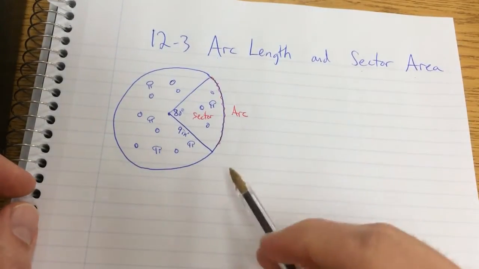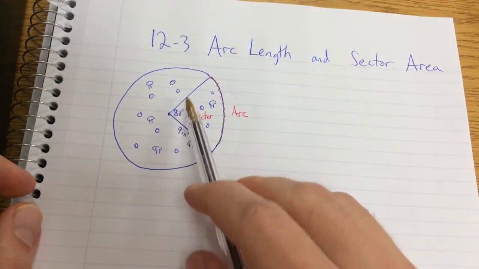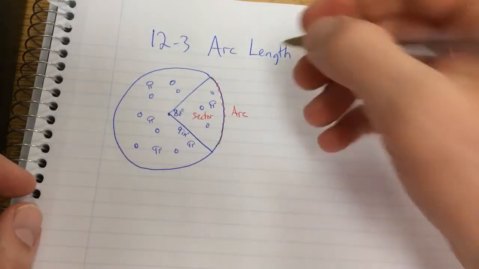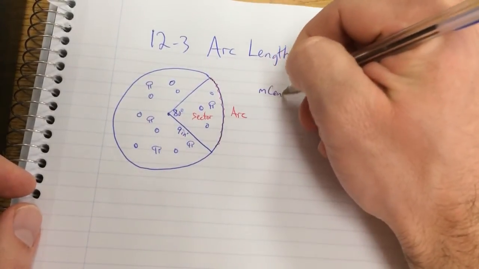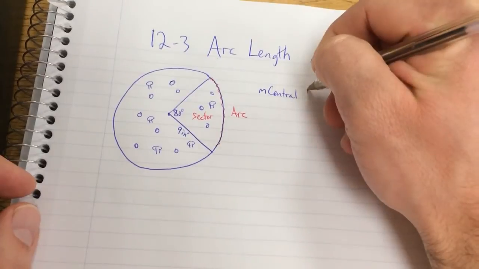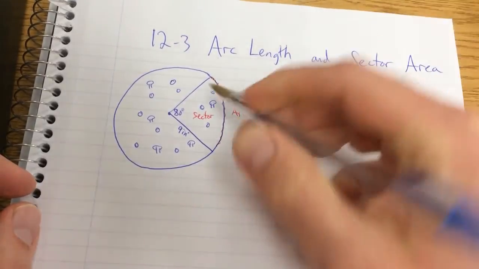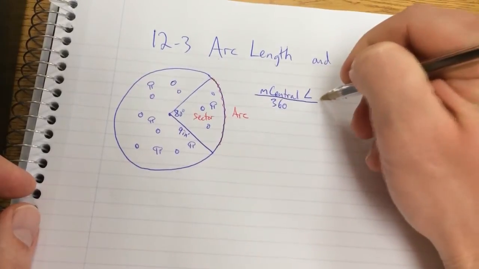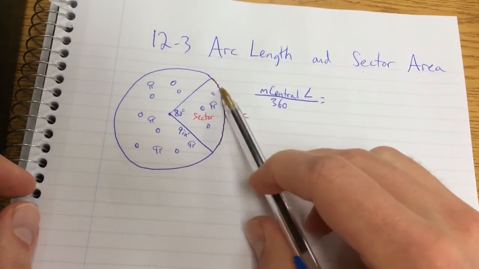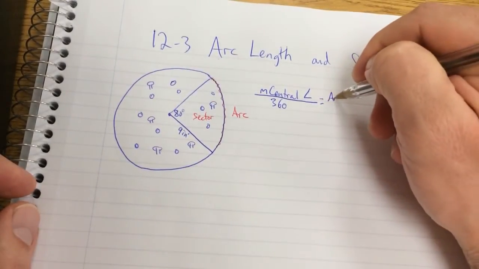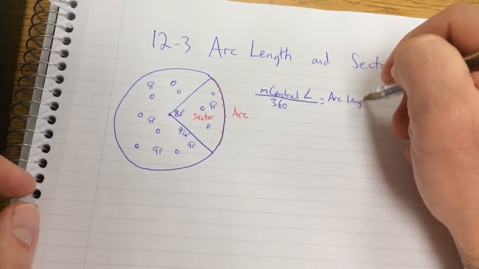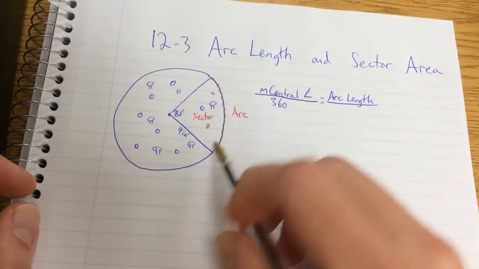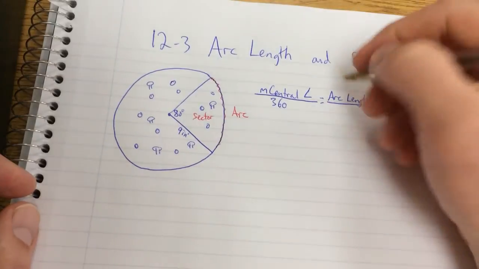Okay, here's the proportion. If I compare the measure of the central angle over all of the angles added together, which we know are 360, that's going to be equal to this arc length compared to going all the way around, the circumference.